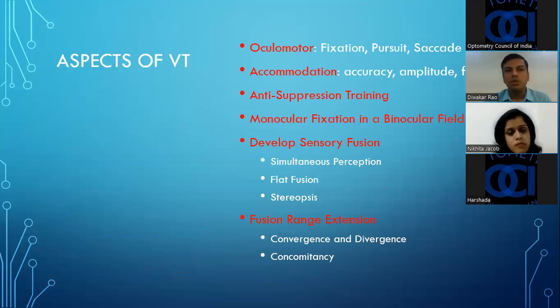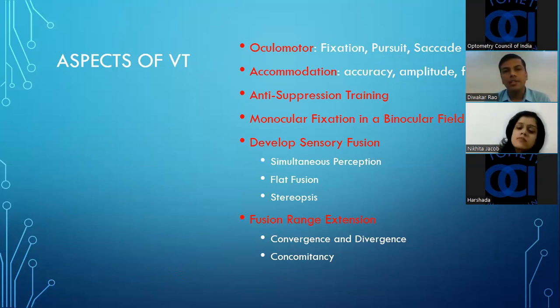Some of the aspects of vision therapy is work on oculomotor. So this is a very primary aspect. First thing we look at in vision therapy is to work on or improve fixations, pursuits and saccades. Then in accommodation, work on accuracy, amplitude, and facility.